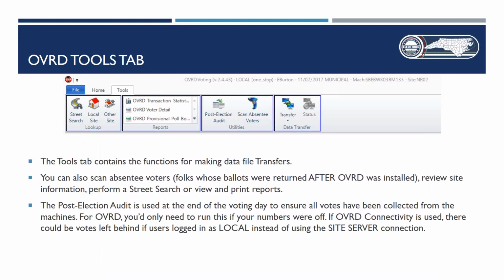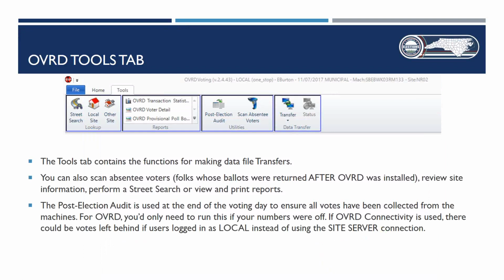All right, and then the OVRD Tools tab is where you're going to find your reports, your transfer function, and then as I mentioned just a bit ago with the flag as absentee, you can scan absentee voters too. So if you had a bunch of them and you print out, there's a report in Report Manager, you can use it.